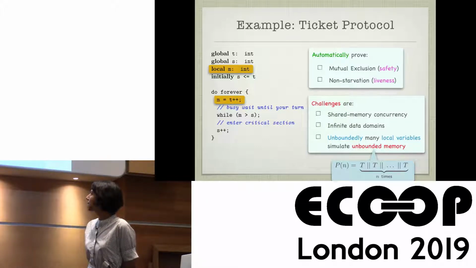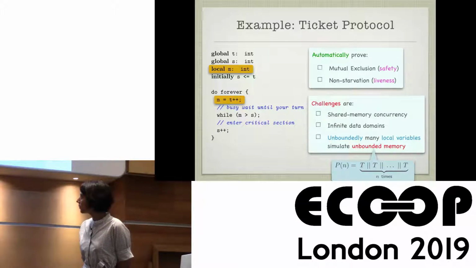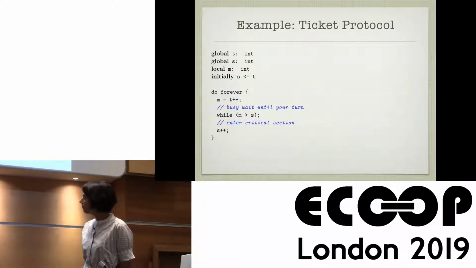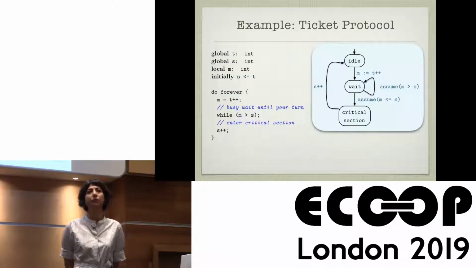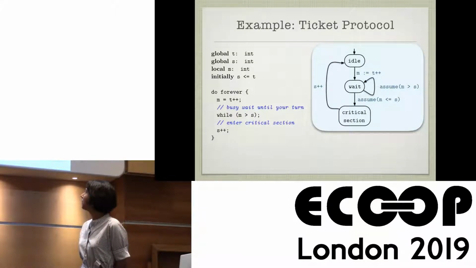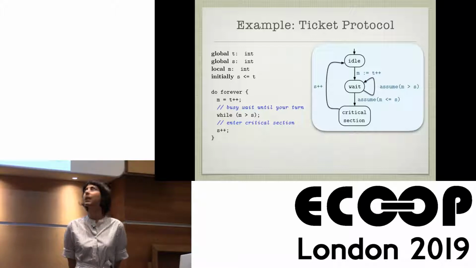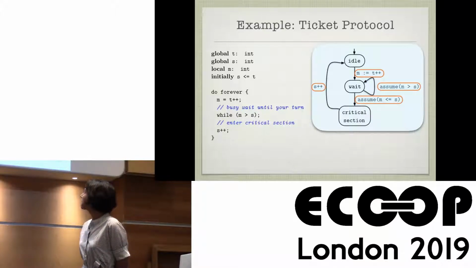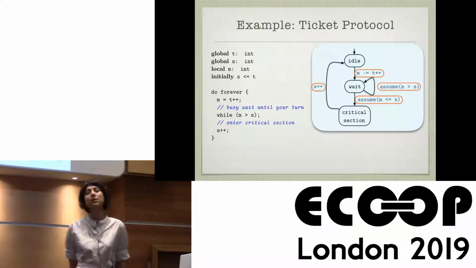So the way that we deal with this is we say that, okay, let's take the control flow graph of 1 copy, and this is going to give us a simple automaton. This automaton has its states for control locations of the graph, and the labels of its arcs are the program statements.